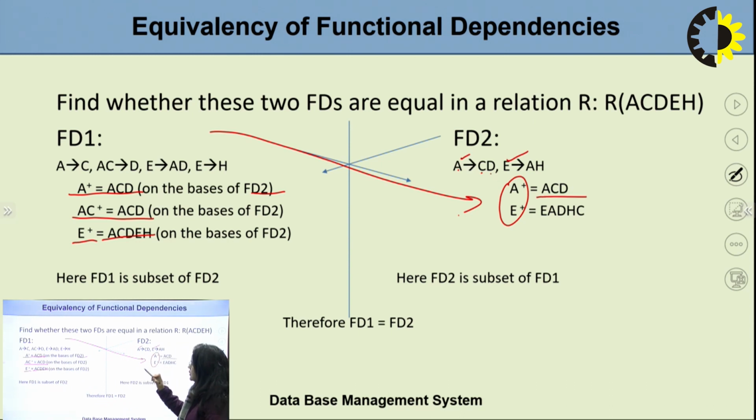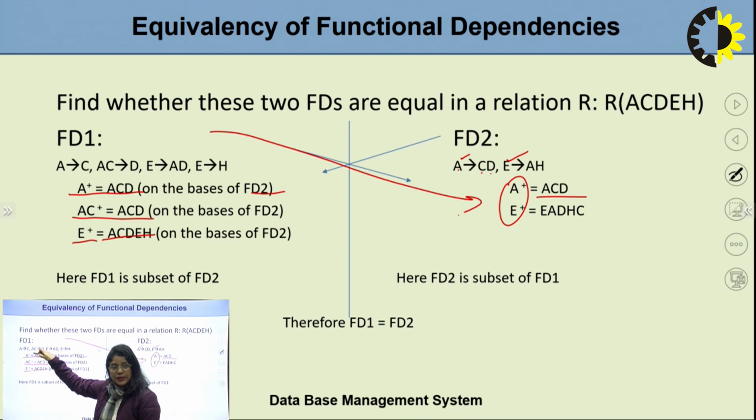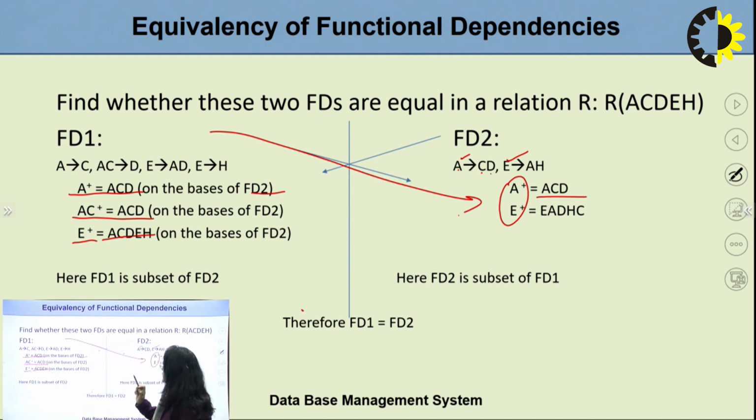Closure of E on the basis of FD1: if we have E, we will be able to find AH. If we have A, then we will have C and D. So we will find these.